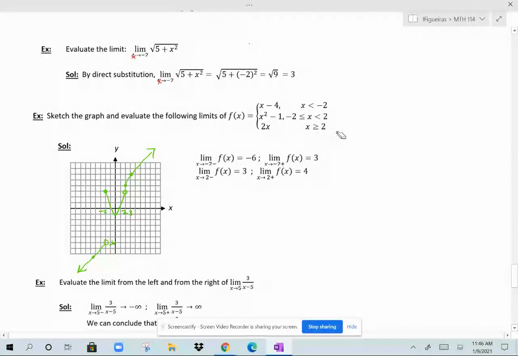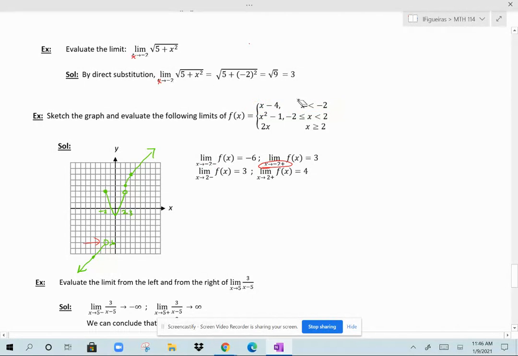I have the limit as x approaches -2 from the left. -2 from the left means that I am on this line. Those are values less than -2. So as I get closer and closer to -2 from the left, my y value is approaching -6. Then I evaluate the limit as x approaches -2 from the right.